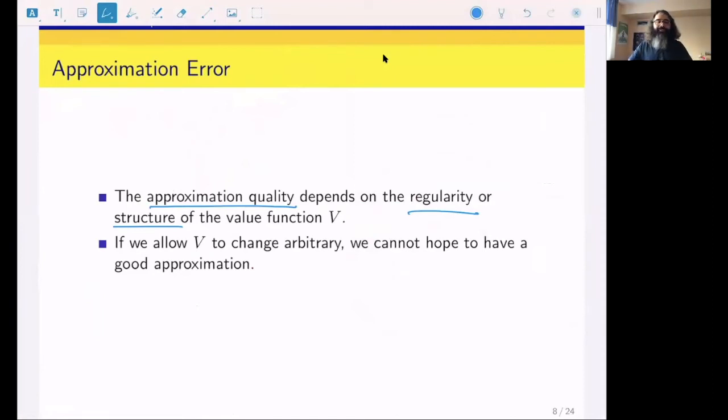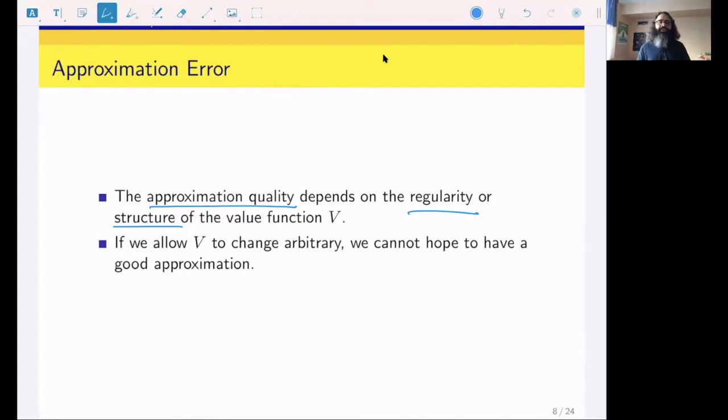So if the value function can be arbitrary, then we cannot hope to find any good approximation. If we add some kind of structure or regularity that makes it continuous, like all the previous examples, we still can learn something if we have a higher resolution or finer discretization. If the function is Lipschitz, or its first derivative is bounded, we know that the function cannot change much.